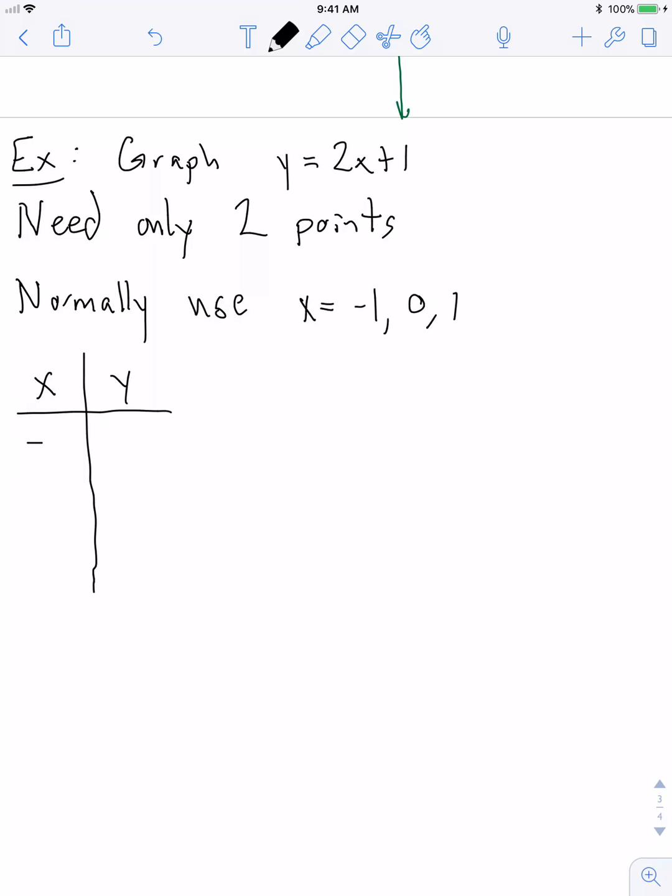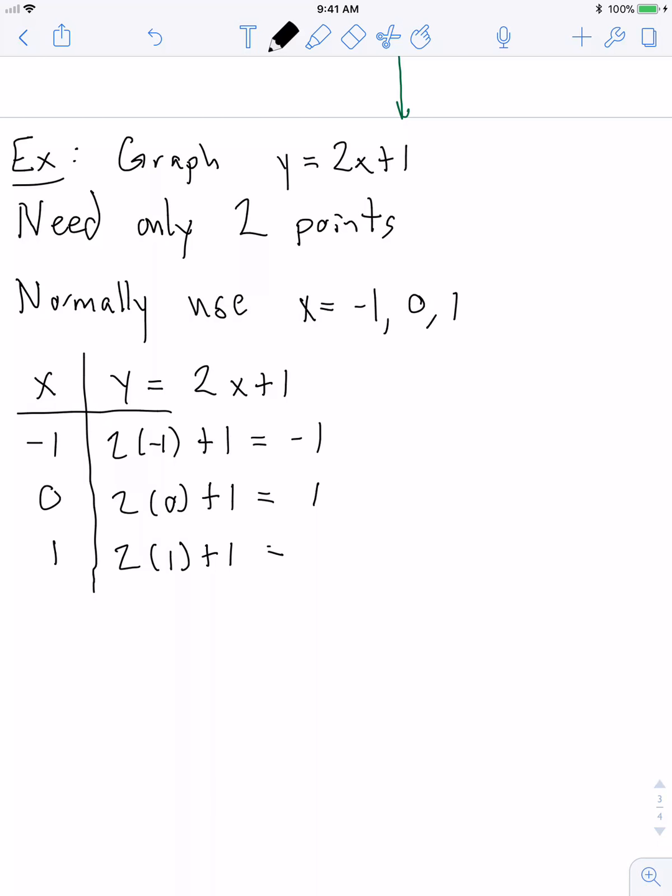And as said above, we'll use -1, 0, 1. And now we'll plug in these x values to our equation. So we get our y value is 2 times -1 plus 1, which is equal to -1. 2 times 0 plus 1, which is equal to 1. And 2 times 1 plus 1, which is equal to 3.